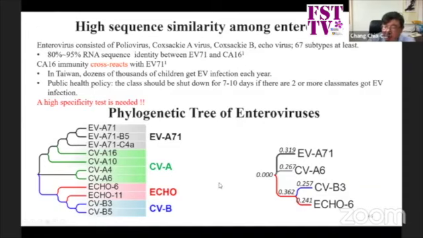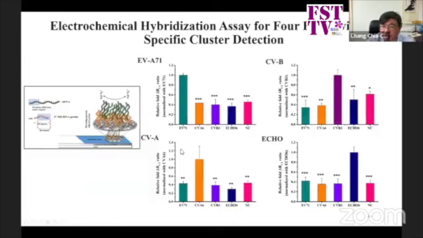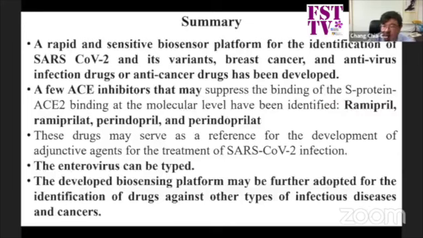So how can we distinguish them? Luckily we have the sequence, and then we can design specific probes to detect by binding. Here is the result. You can see that we can tell EV71 apart from other virus sequences. So we can type them.